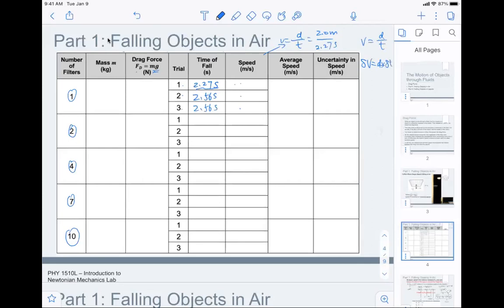Okay, so that is one of the rules we said in lab 1. So to get the uncertainty in the speed, all you need to figure out is what is your uncertainty in your time. So based on these data recorded, what is my uncertainty for time? Anybody could tell us? What is the uncertainty based on these 3 data we just recorded?